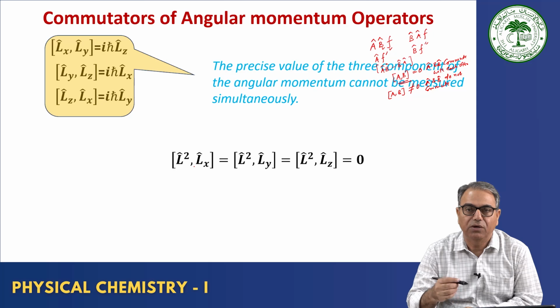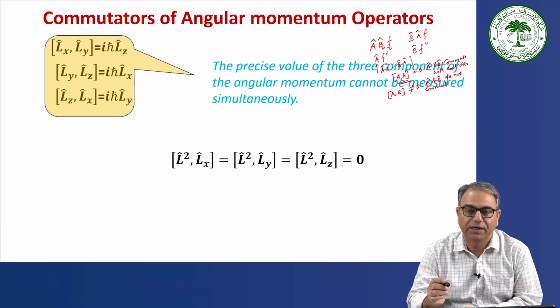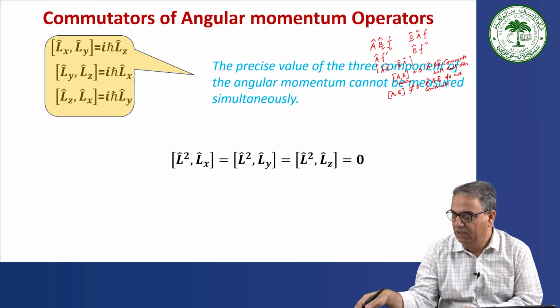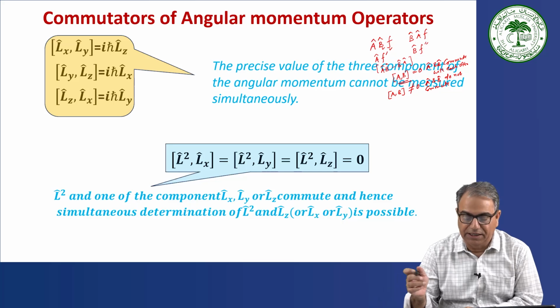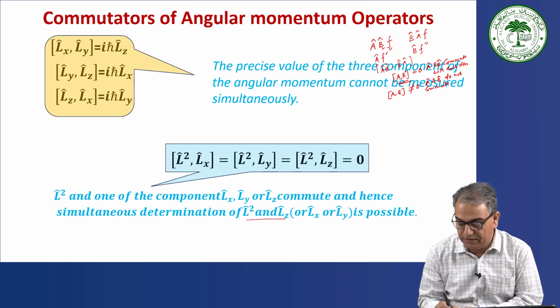This means if you want to find the orbital angular momentum, you can find the total orbital angular momentum and one of its components, either Lx or Ly or Lz, which in quantum mechanics is normally Lz. So L square and one of the components Lx, Ly or Lz commute, and hence simultaneous determination of L square and Lz is possible.